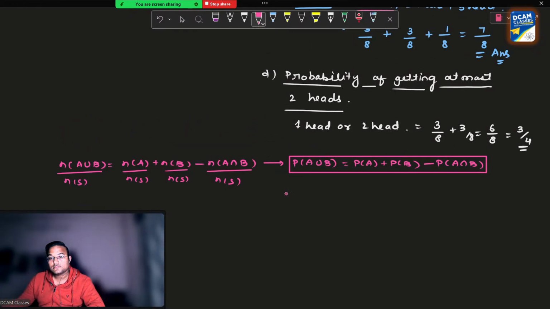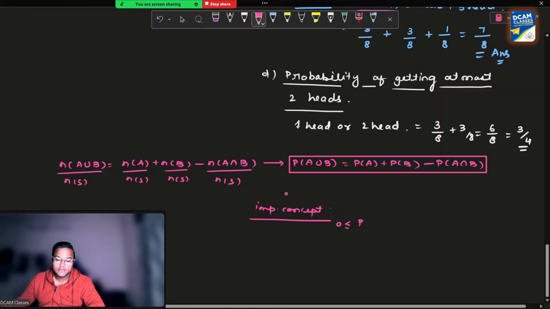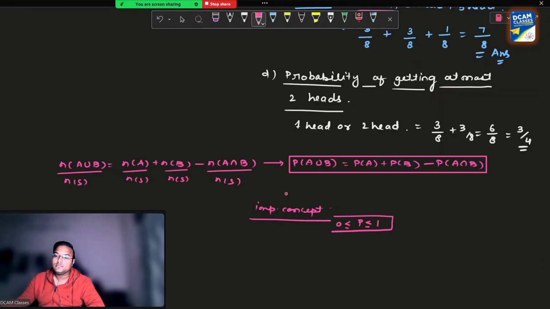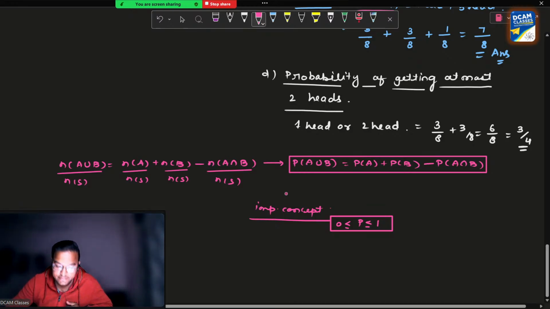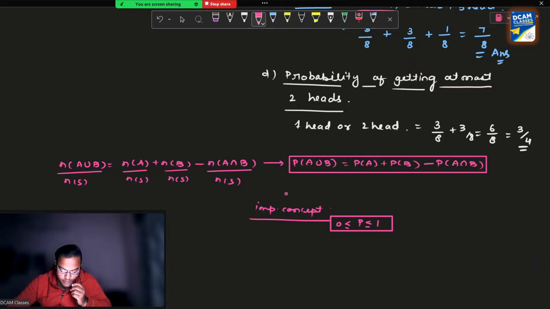Acha, one more important concept is that probability always lies between 0 and 1. Probability can never be greater than 1. If you are getting any probability greater than 1, that means your answer is wrong. Okay.